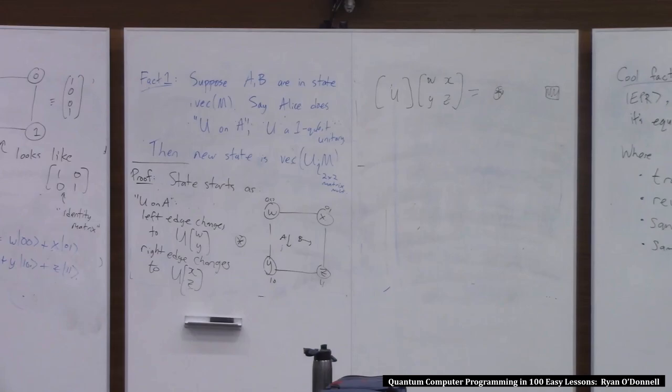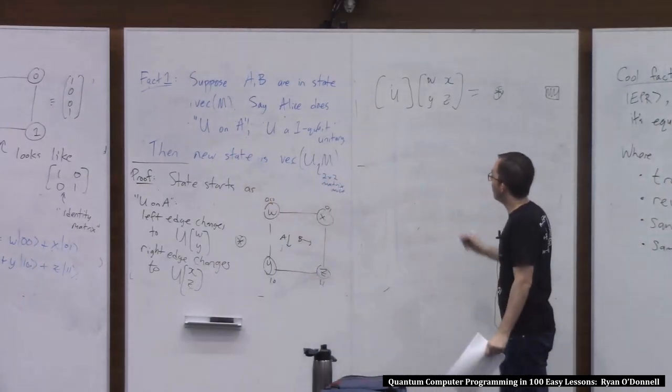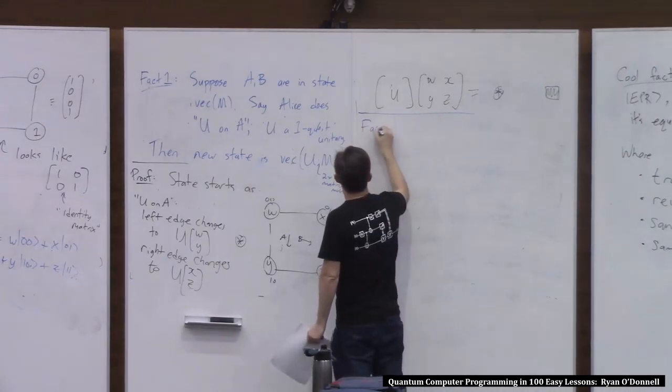Okay, that's cute. So now we need fact 2, which is about the same thing but doing B. And that one's a little bit more annoying, but kind of fun. So let's do that. Fact 2.